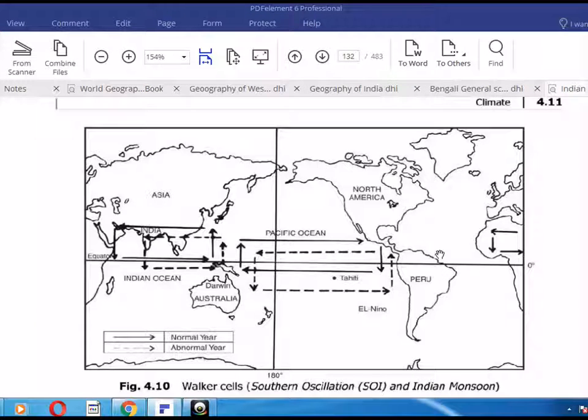August is now here, and here is the Southern Oscillation Index, SOI, and the Indian monsoon. You can see the cells here, mainly India, South America and North America. Here you can see El Nino and La Nina moving. In La Nina time India takes benefits, and in El Nino time India does not get benefits from it.